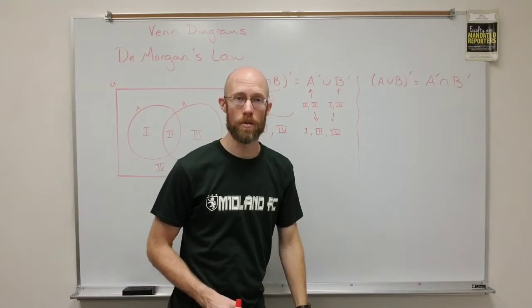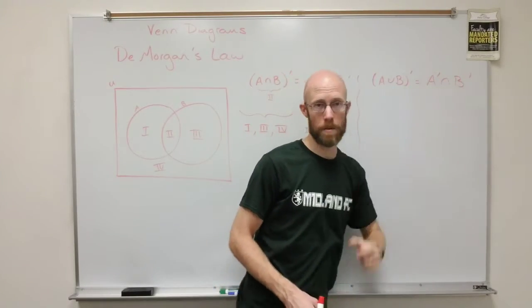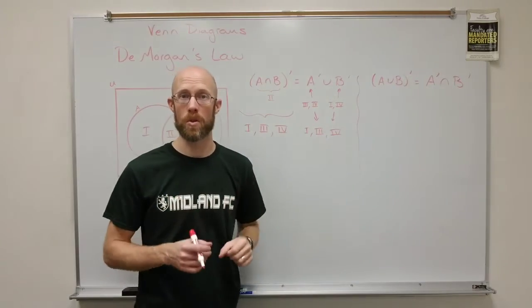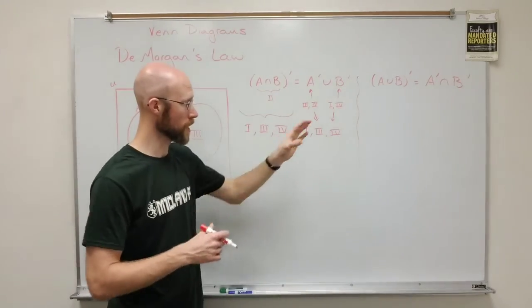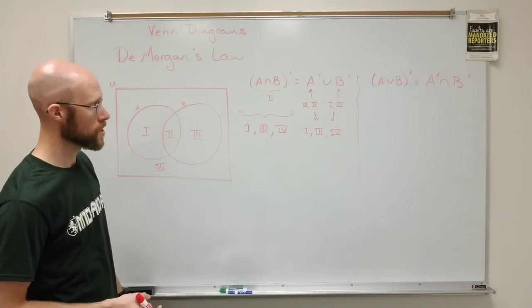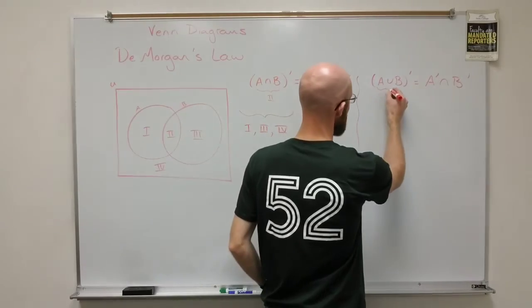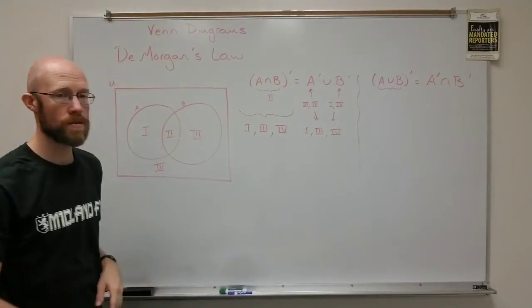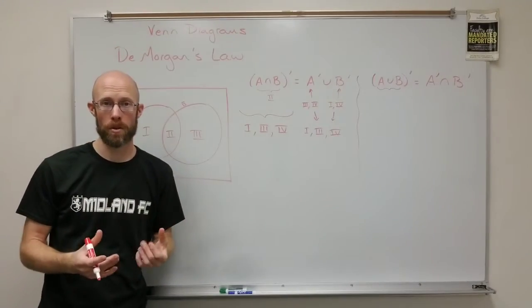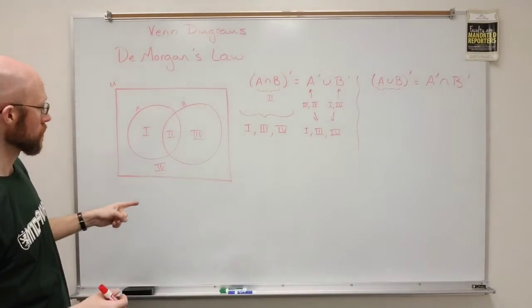The other statement over here says that the complement of a union is the intersection of the complements. So it's just switching the union and intersection idea. So let's again identify the regions for each of these sets. If you look at A union B, that's all of the elements in one or the other or both, and correspondingly the regions here in the Venn diagram.